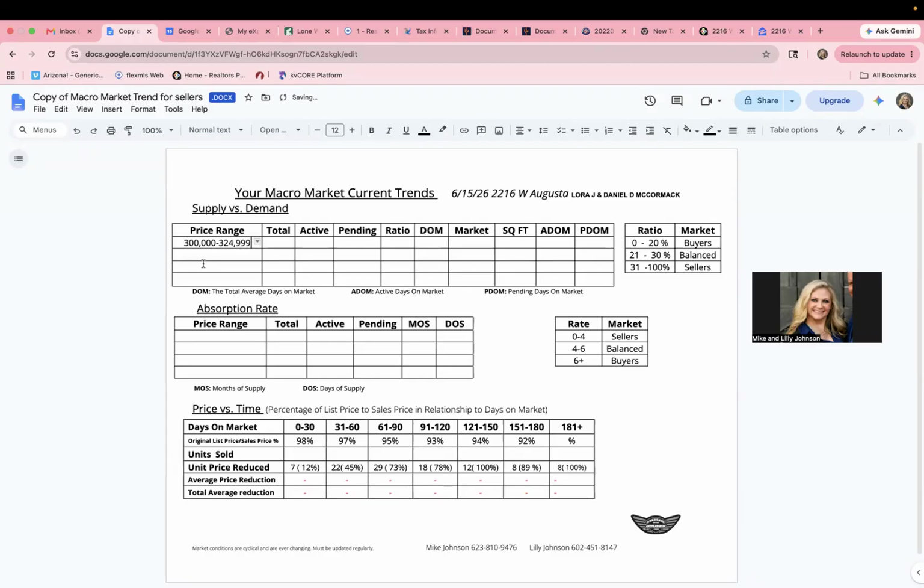Okay. So I've created this from one of the brokerages that we were at. I find it helpful when I'm talking to sellers. I always need my calculator unless I have Mike with me.